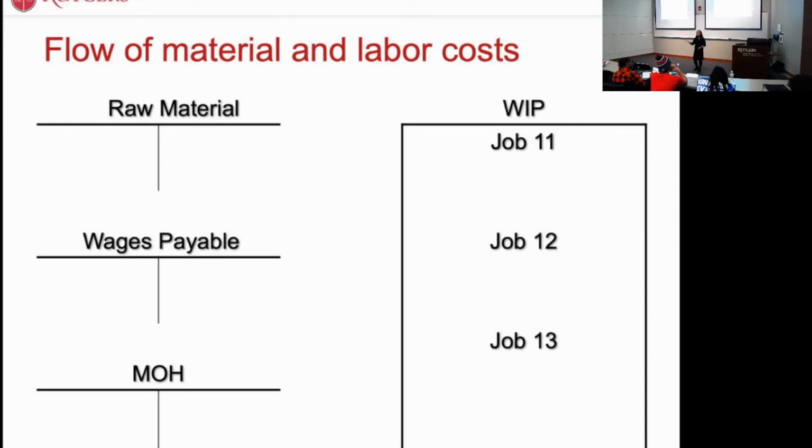Which side? Debit or credit? Debit. We debit it, right? Because the raw material is an asset account. So to increase it, we put the purchase amount on the debit side, which is the left-hand side, right? So that's the purchase of raw material, and that's how it will impact the T account.